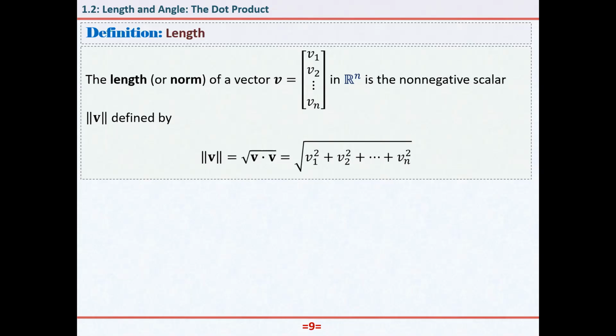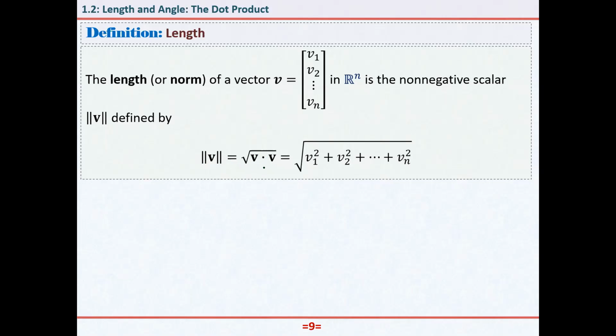The length is a non-negative scalar, a real number, and we define it by a couple of vertical lines. The length of v, or the norm of v, is equal to the square root of v dot v, and this is how we define it.